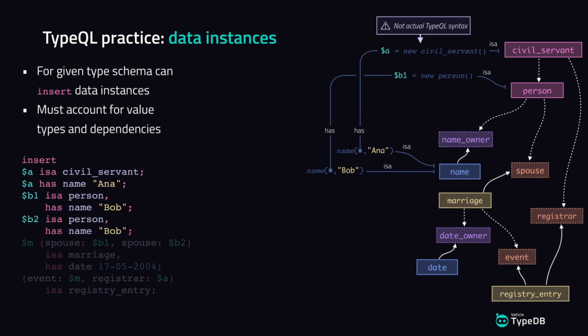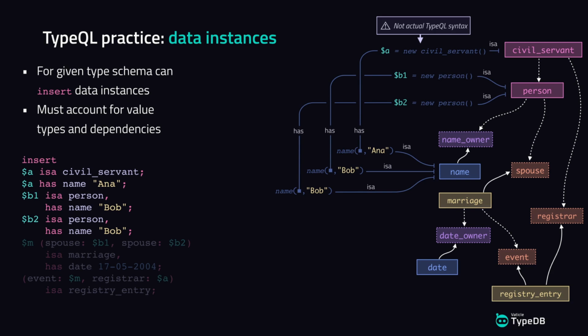Exactly the same happens in the following two lines. Importantly, we create a new person, so a second person with the same name. And this still is an operation that does something. The name Bob is the same as before, but it has this time a different reference to the name owner. So it creates a different reference of name ownership, in this case to the object stored in the variable $b2.